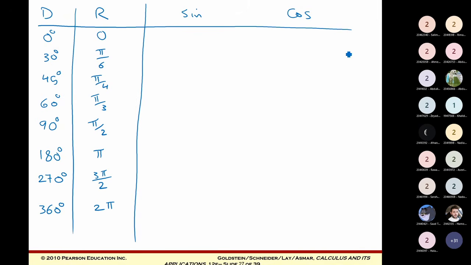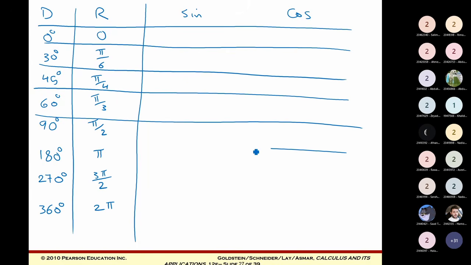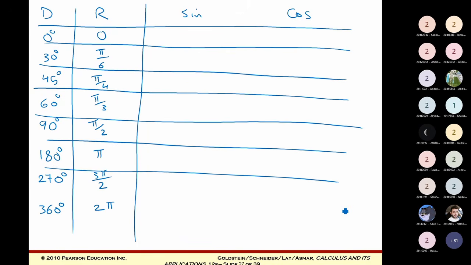The sine of 0 is 0, the cosine of 0 is 1, the sine of 30 is 1 over 2, the cosine is radical 3 over 2.